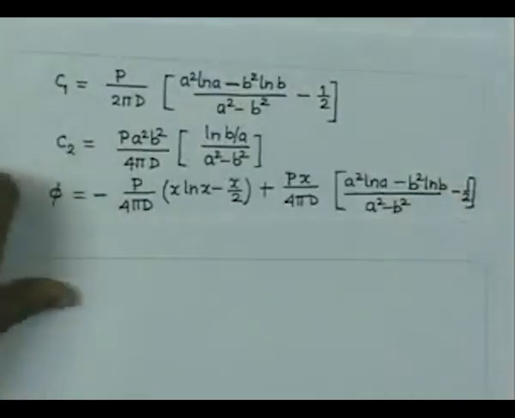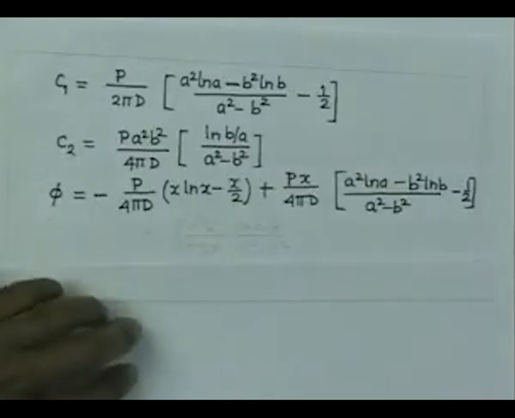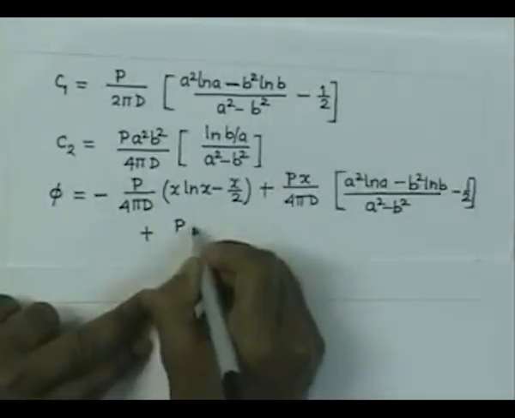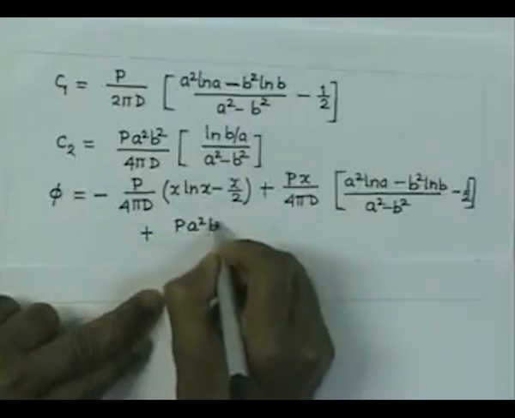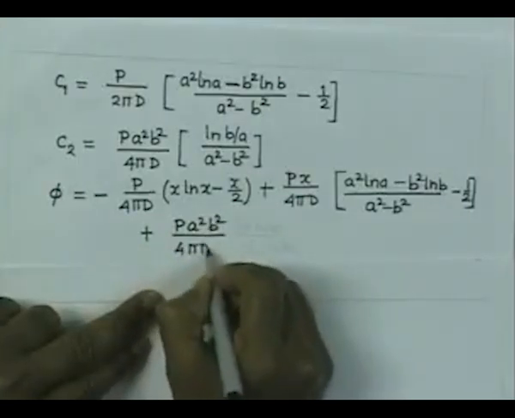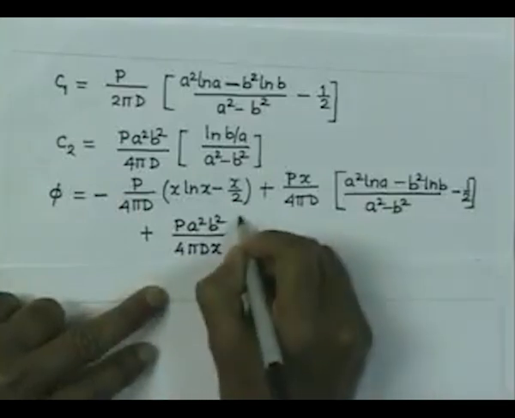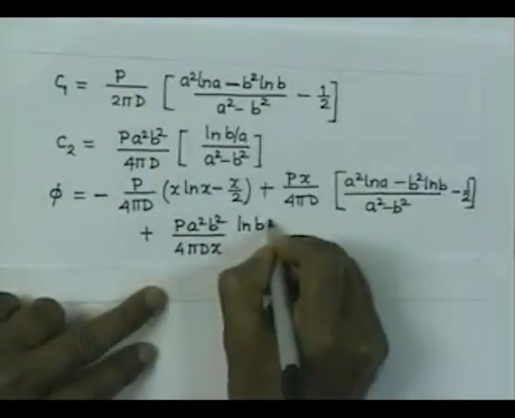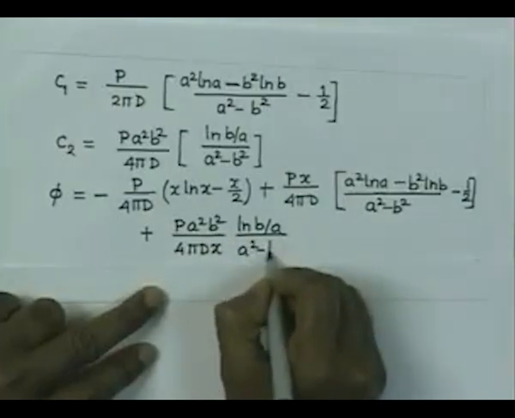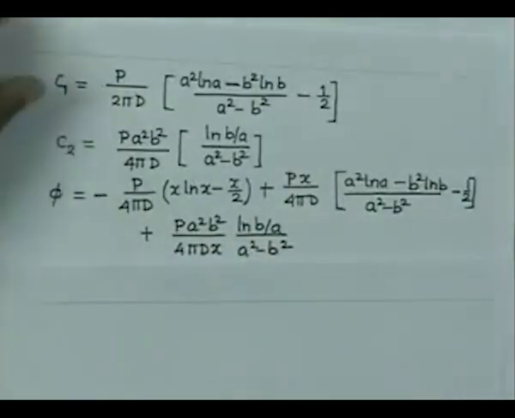So, that is the parts involving C1, and C2 is p a square b square by 4 pi d x ln b by a square minus b square.